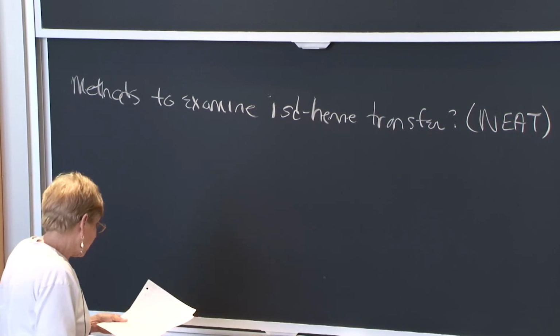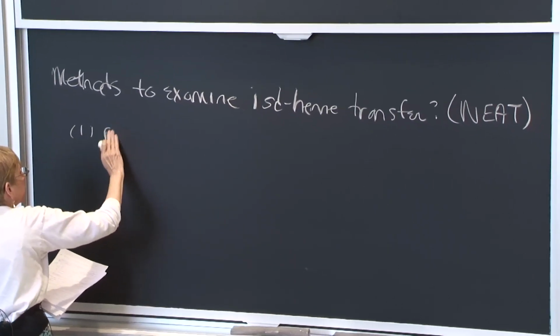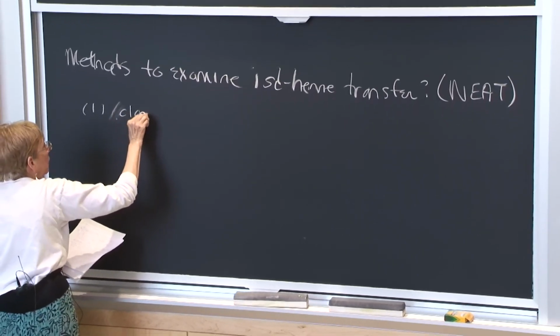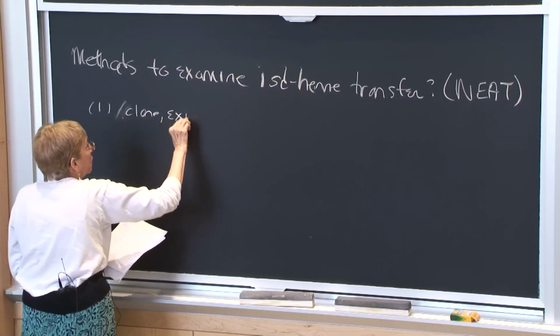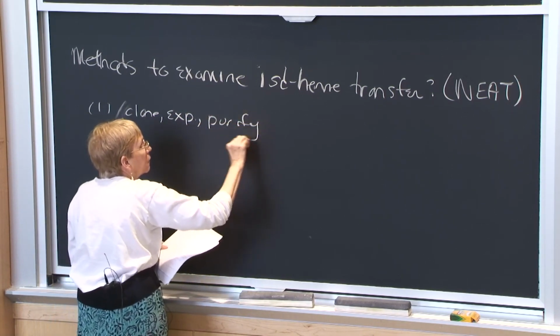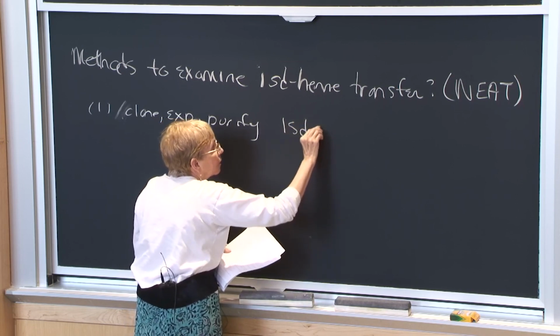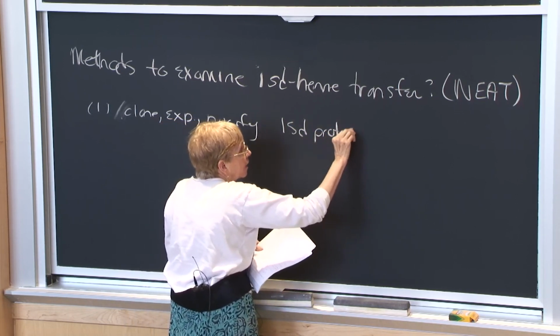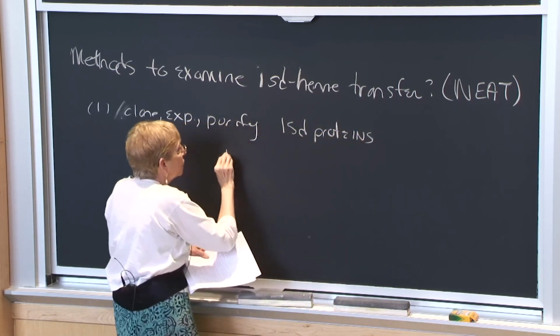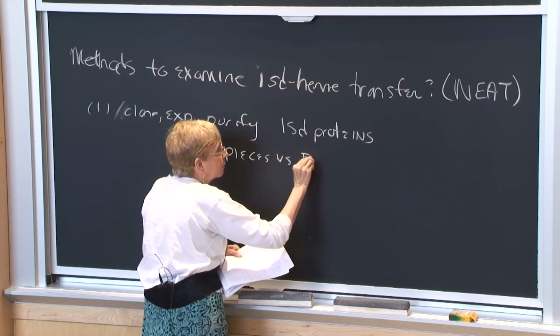One of the first things that people did was, number one, you need to clone, express, and purify the ISD proteins. Most of these studies have been done in pieces versus full length.